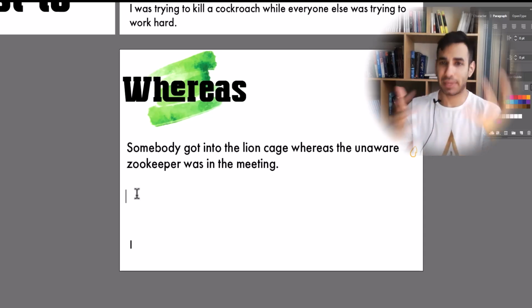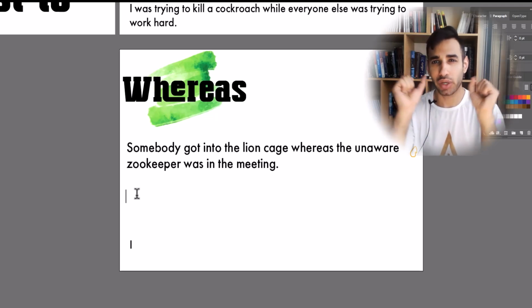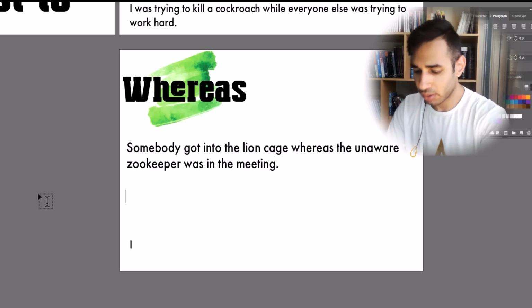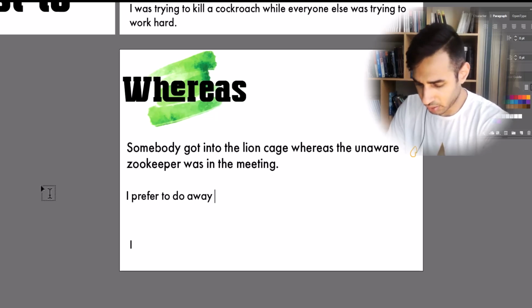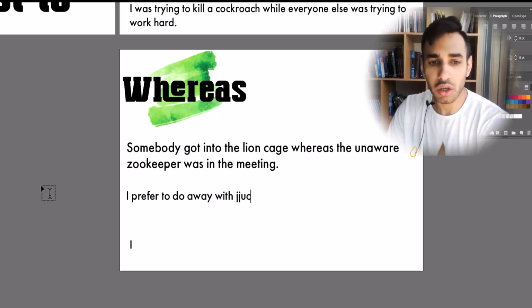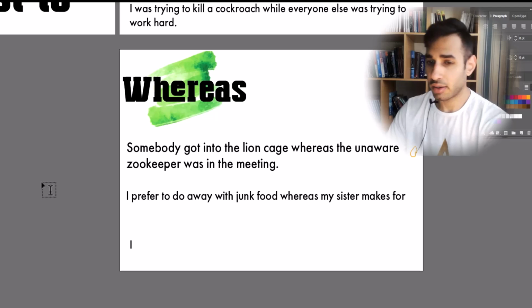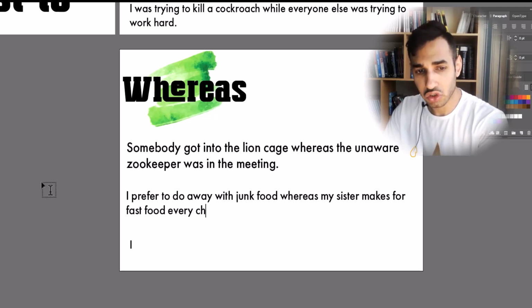For habits also we can use whereas, for two different habits, showing a contrast between two behaviors or habits. For example, I prefer to do away with junk food, whereas my sister makes for fast food every chance she gets.